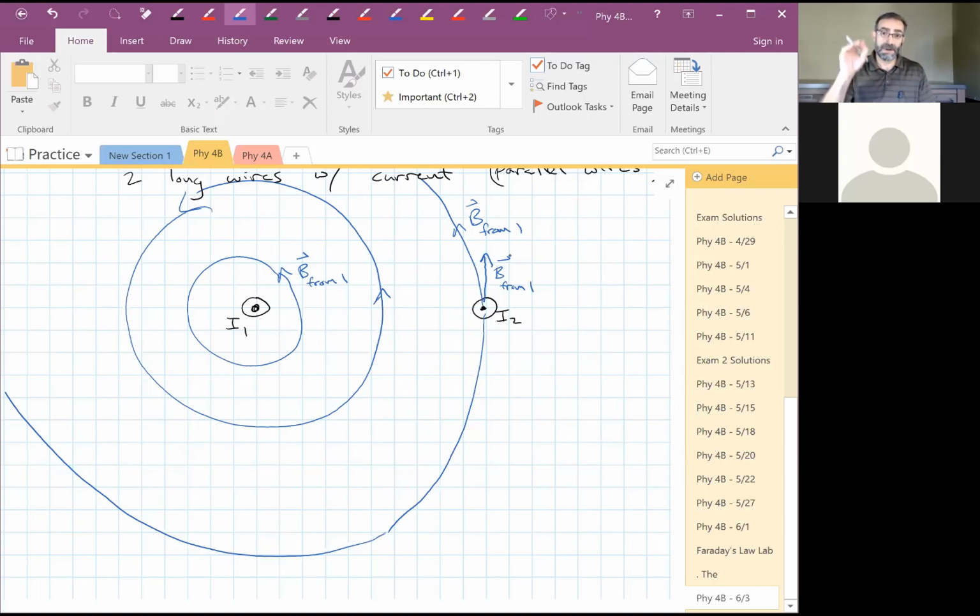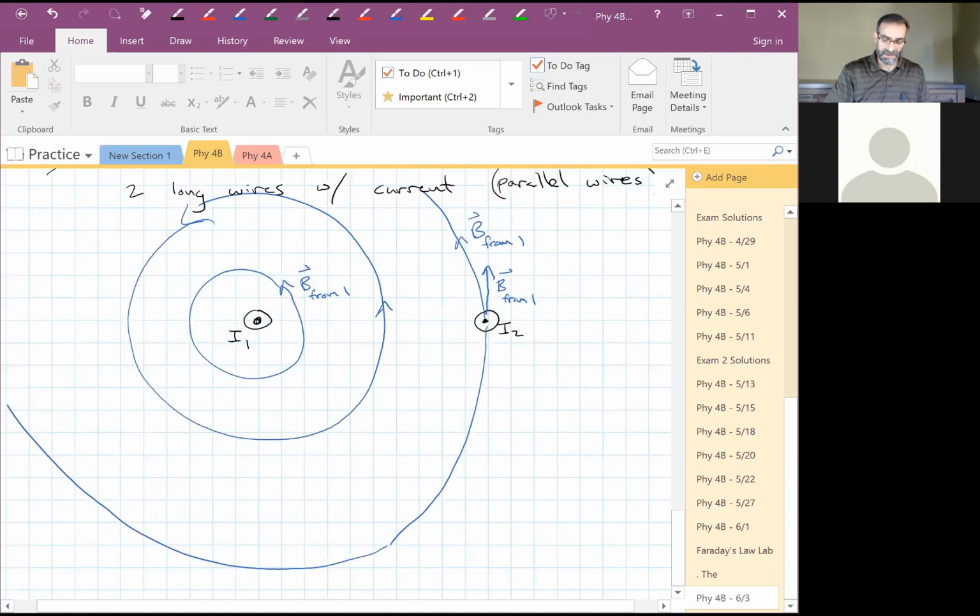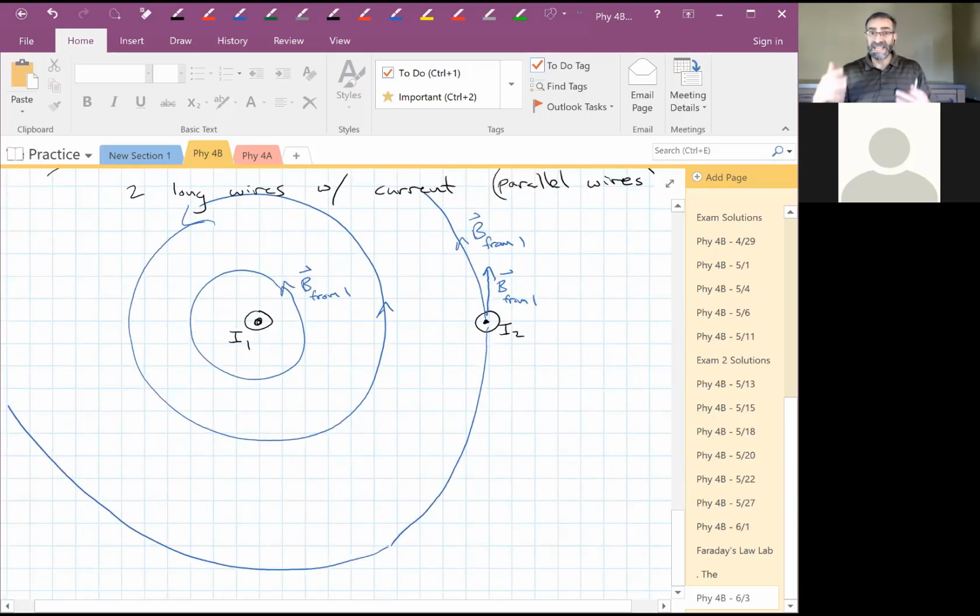But at any one of those locations on the circular path, it points tangent to the circle. So our current is out of the page. I2 is out of the page. The magnetic field that I2 is sitting in, the magnetic field due to wire 1, points toward the top of the page. I cross B is in what direction? This direction. This is force from 1 on 2.